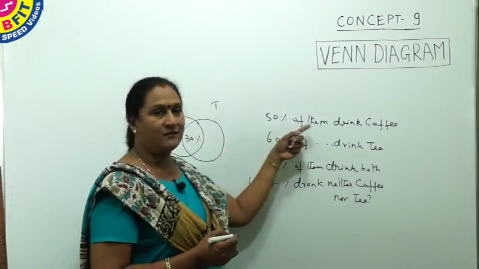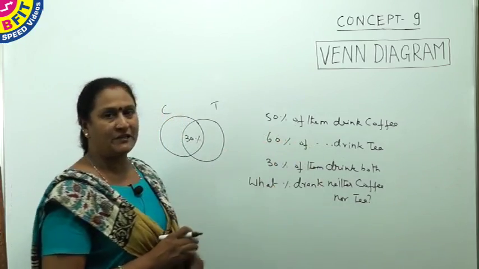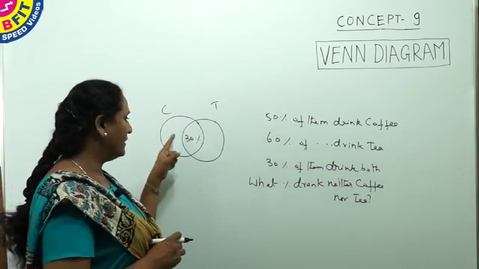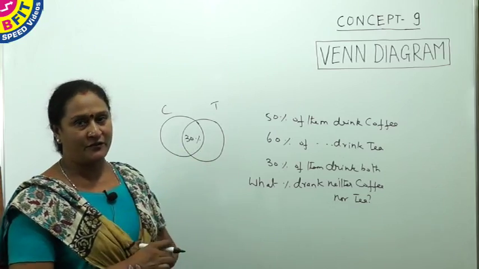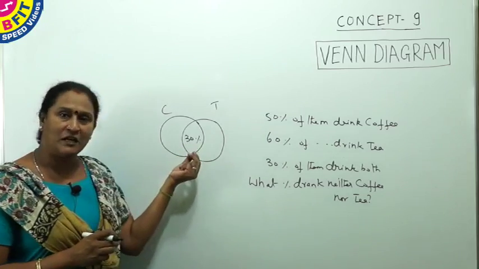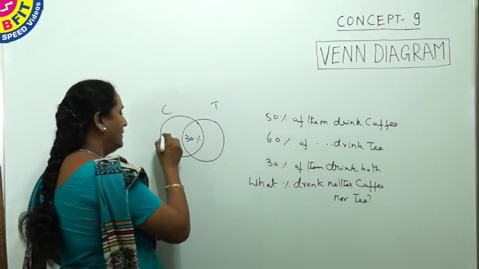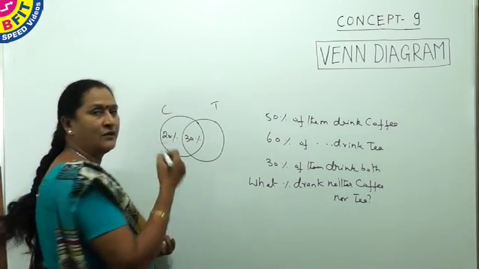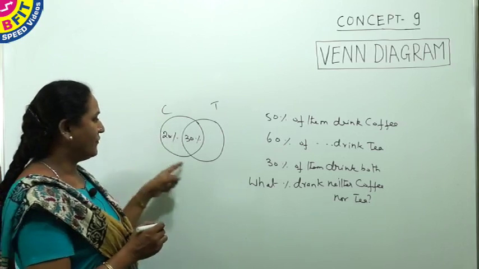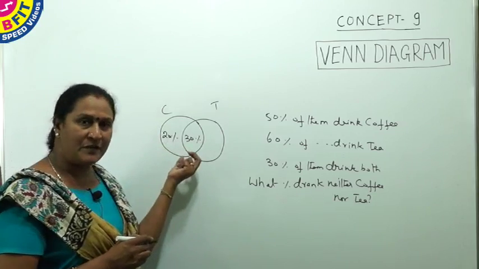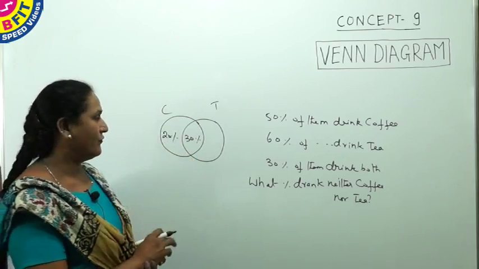What percent drank coffee? 50%. So in this coffee circle, we should have 50% of the people. Already we have 30%. So subtract 30 from 50 and write 20% here.